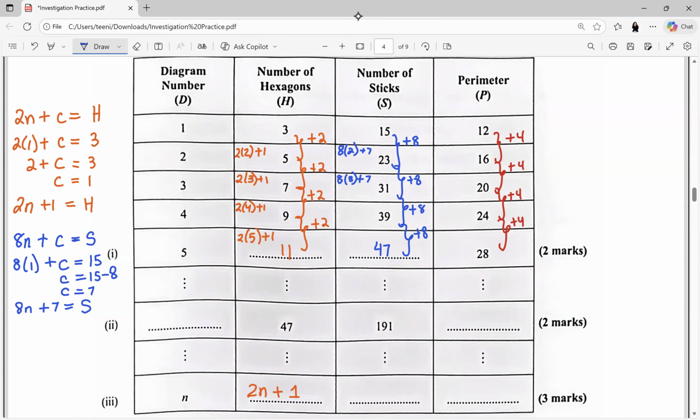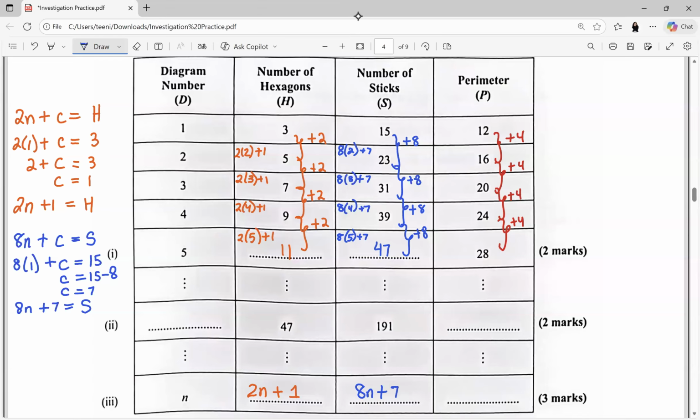Then we have diagram 4, so that would be 8 times 4 plus 7. Well, 8 fours are 32, and 32 plus 7 is 39. And finally, just to be completely sure, 8 times 5 is 40, and 40 plus 7 is 47. So I know that my number of sticks can be found by doing 8 times the diagram number plus 7, right?